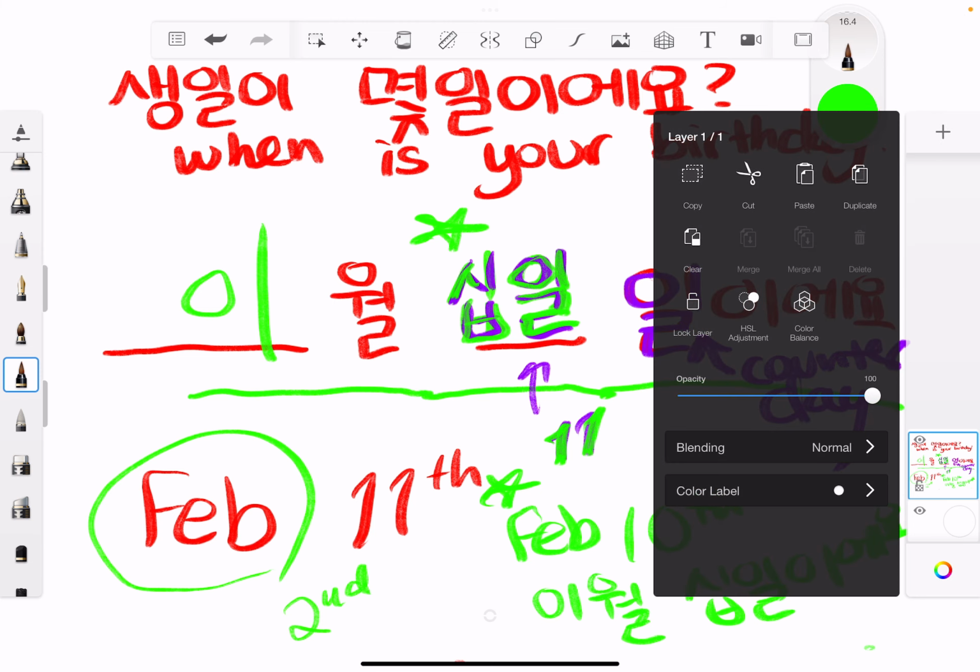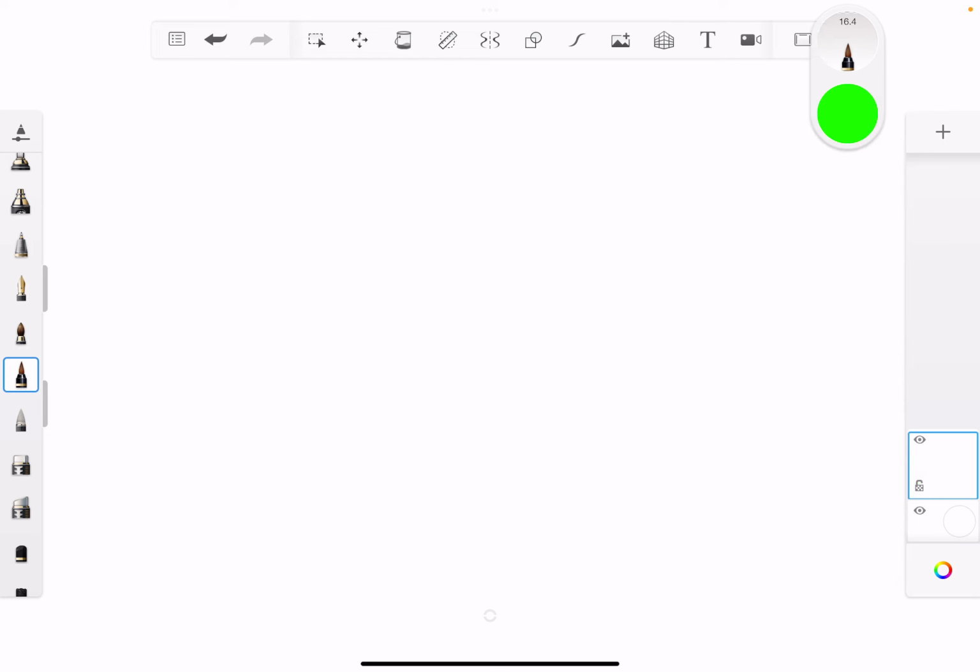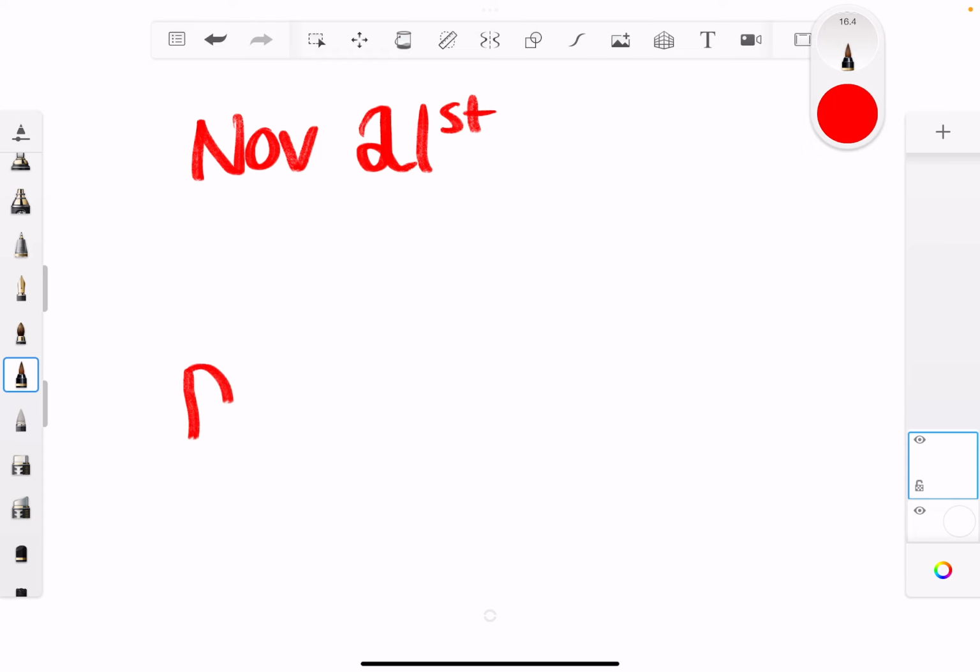Let's do another similar one. If I wanted to say my birthday is November 21st, or if my birthday was December 31st, these are good examples.